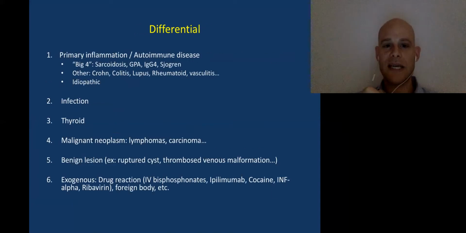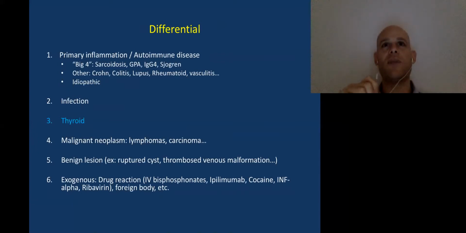And if you look back at this differential and you look back at this list, although textbooks will show you all of these categories, the reality is that when you look at thyroid, thyroid really 99% of the time has stereotypical findings. We all know what thyroid-associated orbitopathy looks like. It's very hard not to think of thyroid after doing a thorough exam and getting a CT scan.